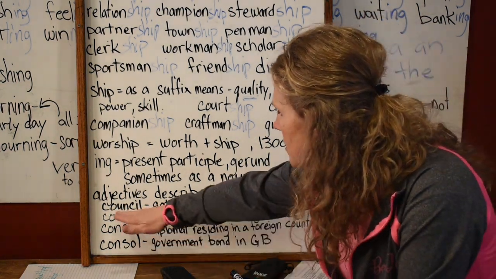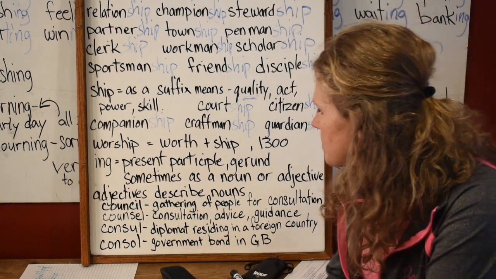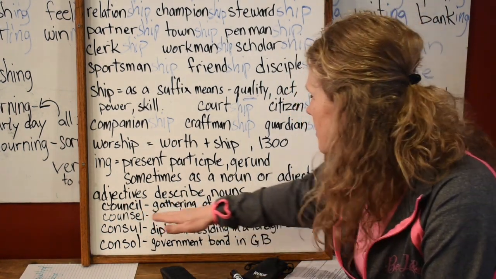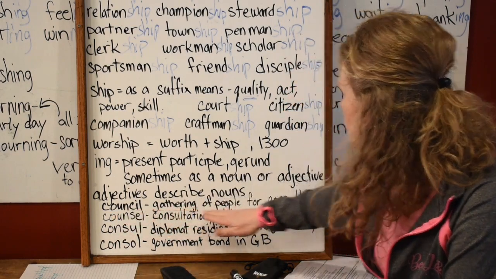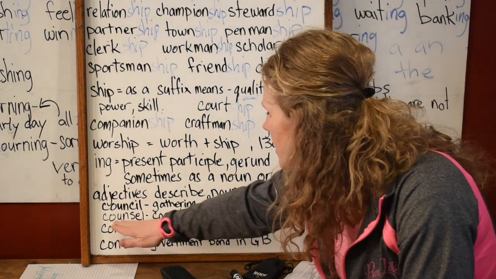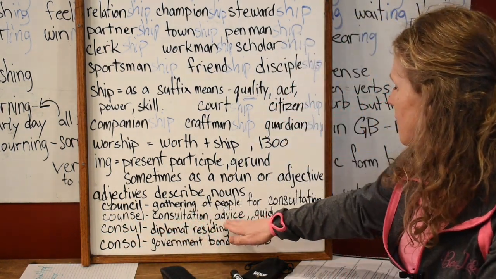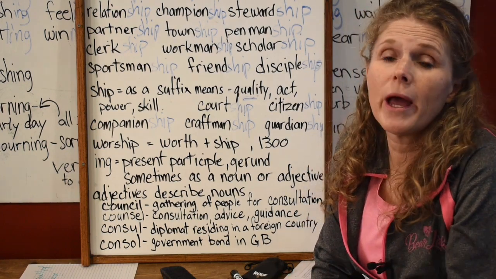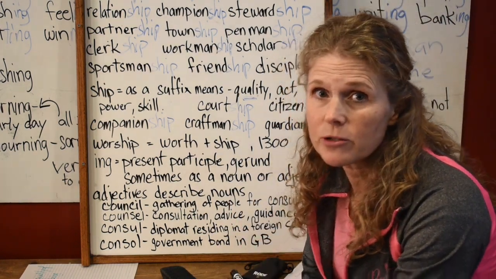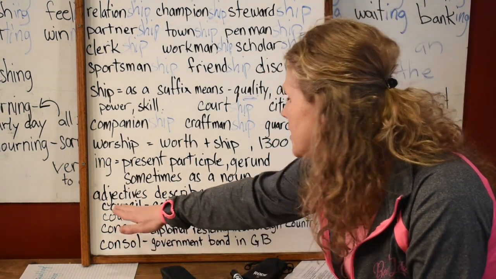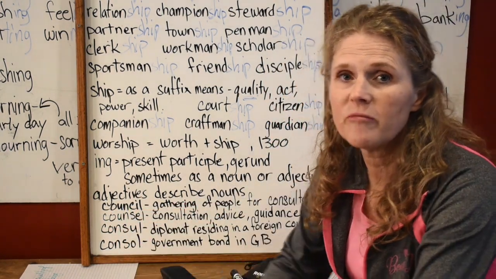All right? So you don't put plural onto it. So that's a group of people that are gathered together to give consultation. This kind of counsel is consultation, advice, or guidance. My mother gave me advice when I broke up with my boyfriend or something like that. That would be that kind of counsel. But this kind of council is when a whole group of people get together.